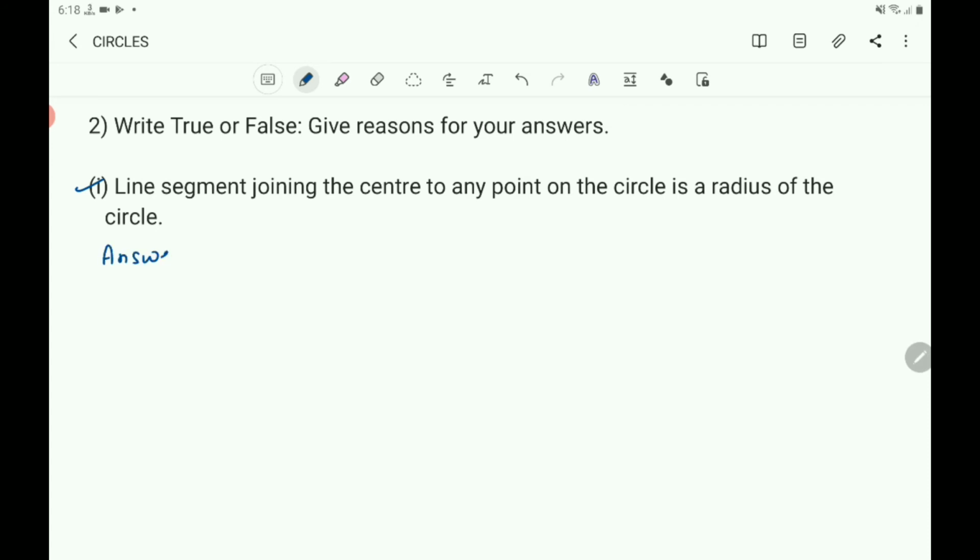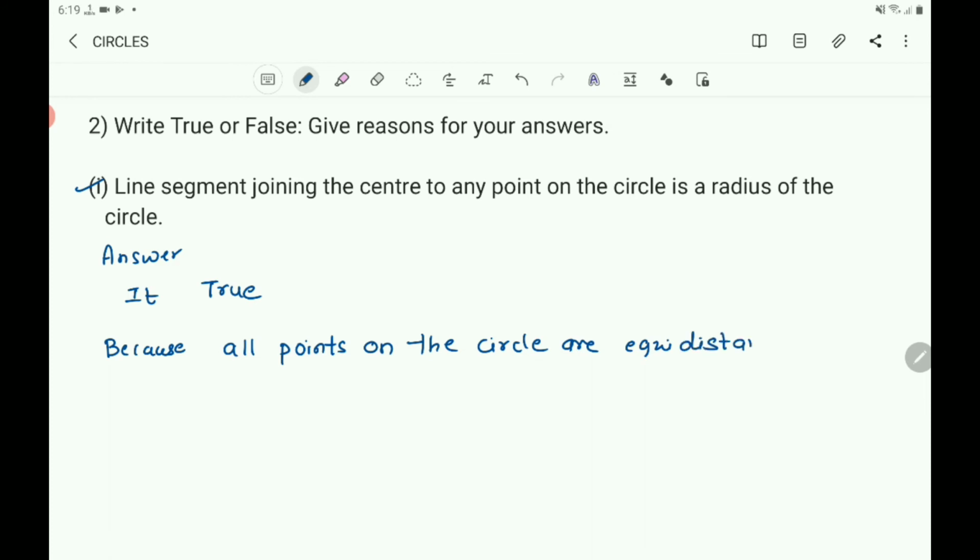So you write answer, it is true, because all points on the circle are equidistant from the center.